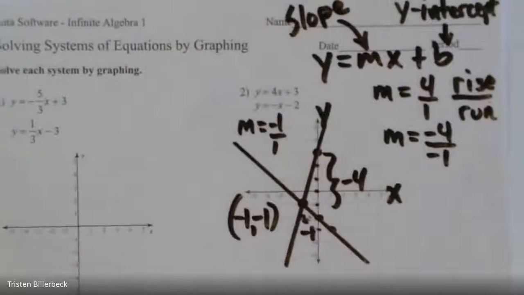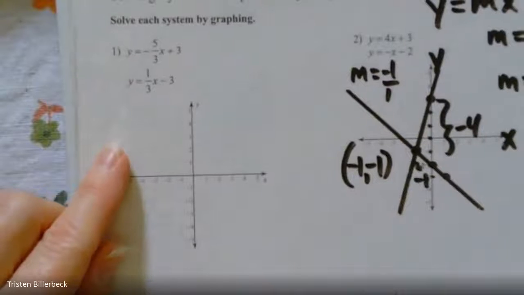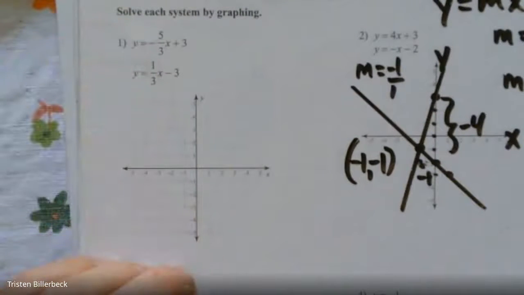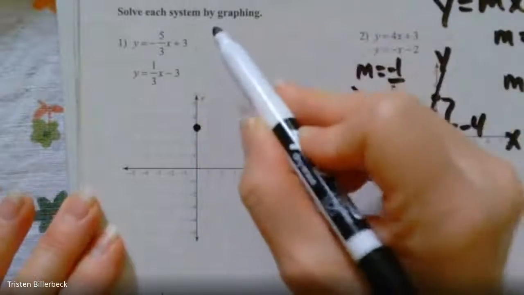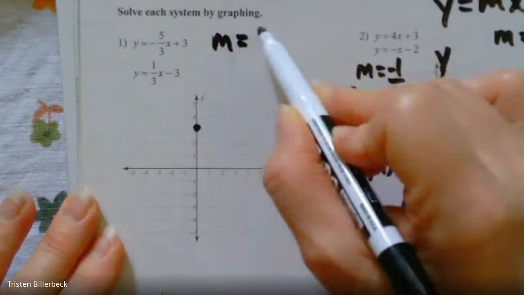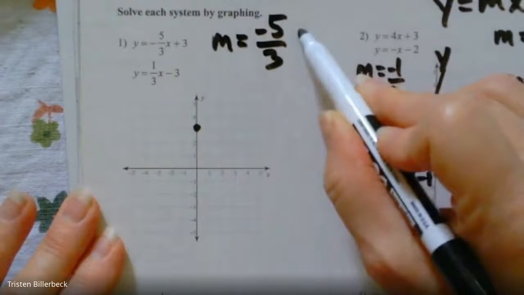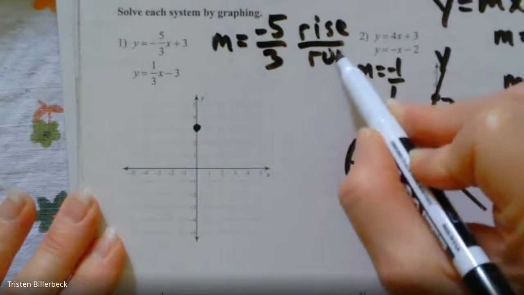All right. So when we actually have fractions, they're a blessing when we're doing slopes, because it's telling us our rise and run. So again, we're hitting at 3 for the y-intercept for this first one, but the slope, we're rising -5 and we're running 3. So the rise is -5 and the run is 3.